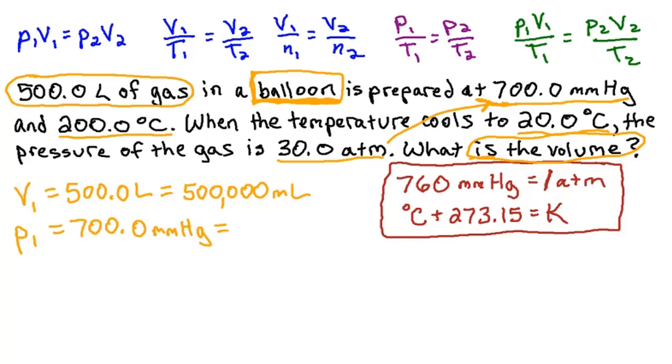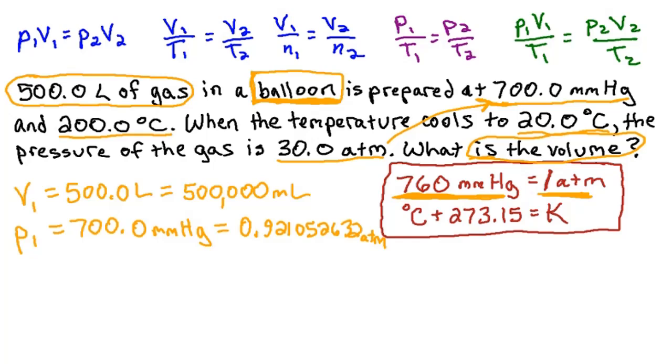As you can see, I put a conversion key over here to my right: 760 millimeters of mercury equals 1 atmosphere, and we need to change this into atmospheres. So if we take the 700 millimeters of mercury divided by the 760 millimeters of mercury, we're going to get 0.921052632 atmospheres.